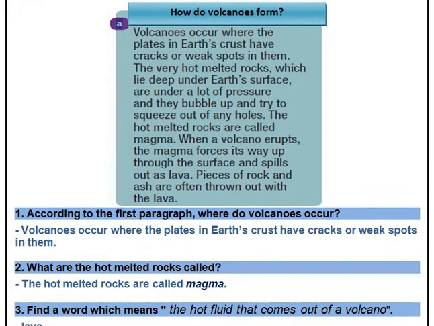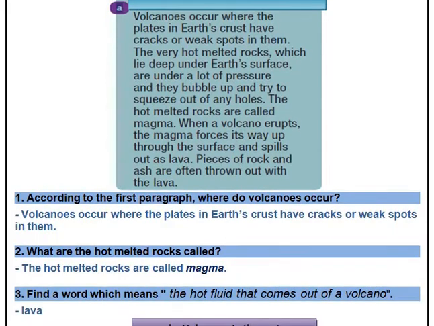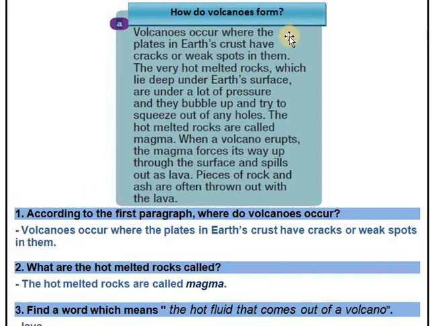Let's read the questions for paragraph A. How do volcanoes form? كيف تتشكل البراكين؟ Let's start with easy questions. According to the first paragraph, where do volcanoes occur? Do you remember what's the meaning of where? Where أين تحدث volcanoes? As you see, the answer is here in the first 3 lines.